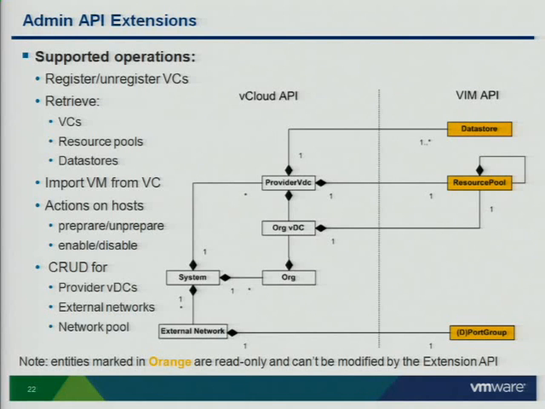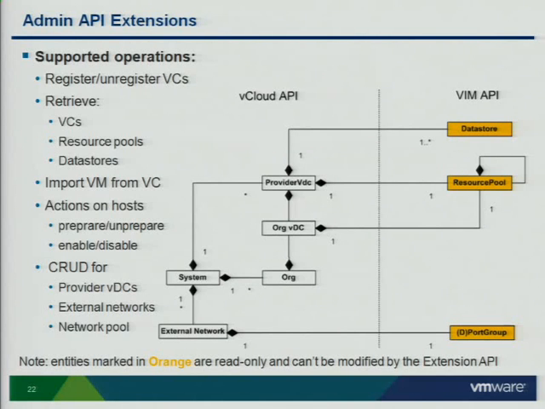The admin API extension allows you to register and unregister virtual centers to vCloud Director, also to import VMs from virtual centers, and provides CRUD operations for provider VDCs, external networks, and network pools. Network pools and hosts are, again, not included in this slide for simplicity.